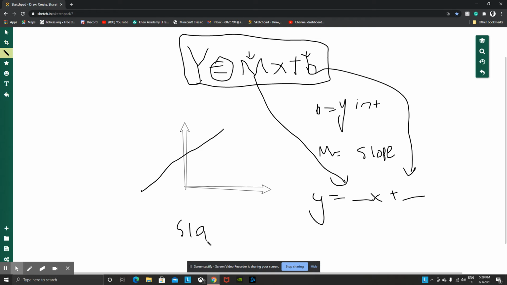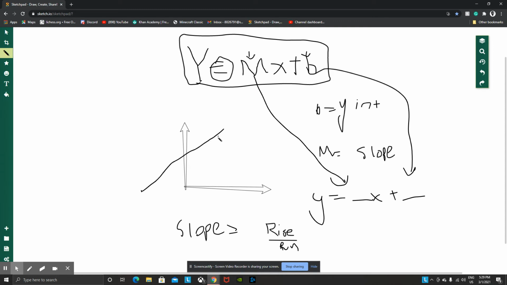Let's just write that down. Rise over run. And y-intercept is where the line cuts through the y-axis.